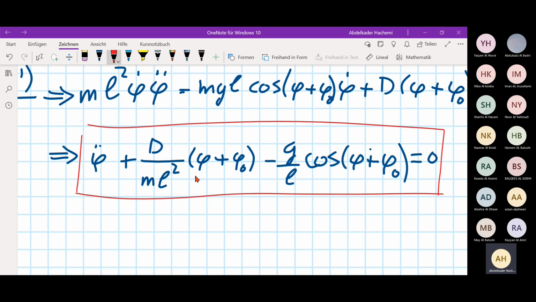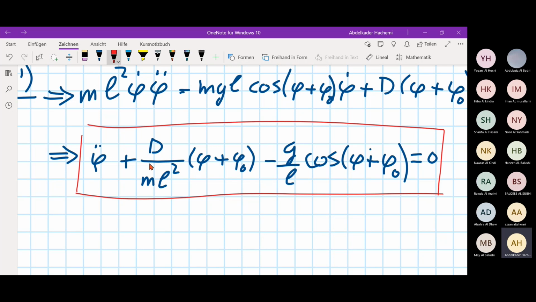We know that the eigenfrequency is d divided by m l squared. But we are not in this case. We have to deal only with the homogeneous differential equation, and I already gave the solution of such a differential equation.